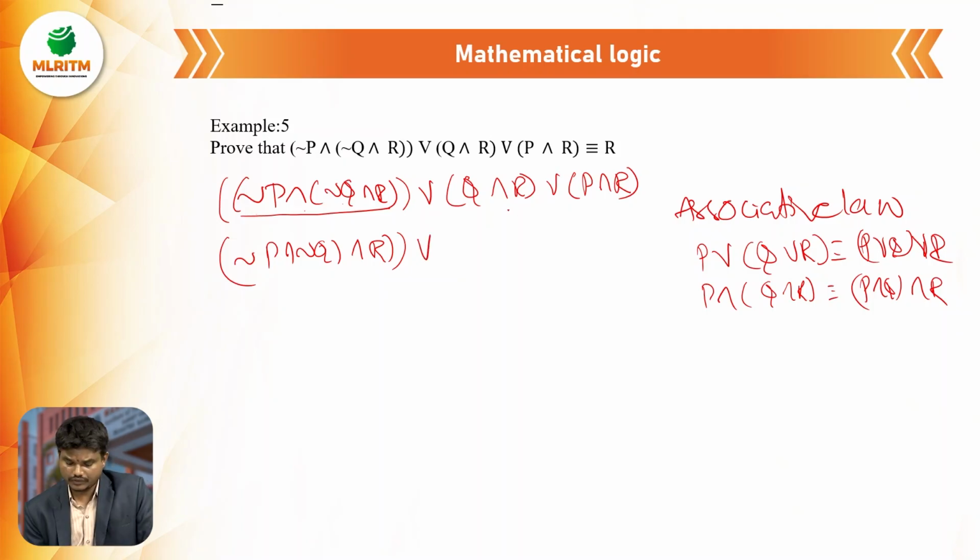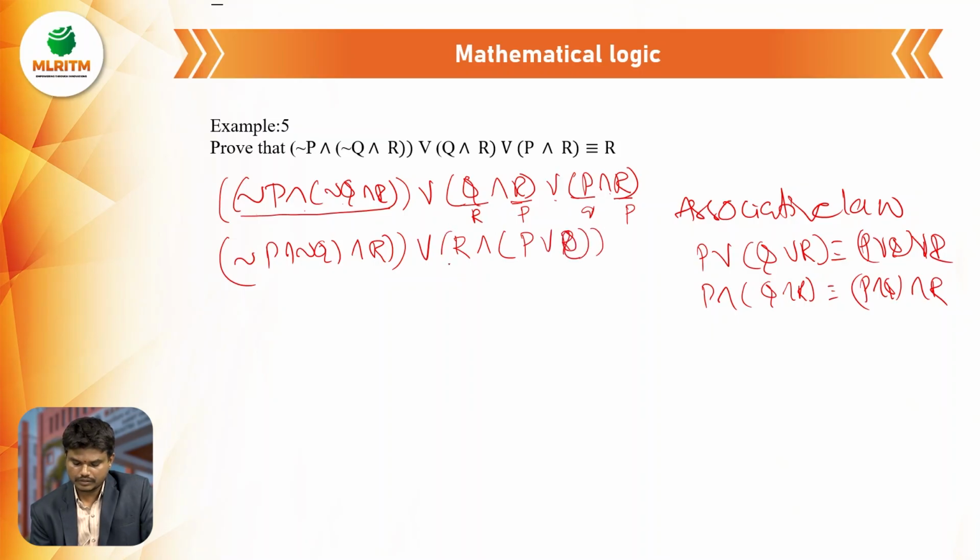Here we observe that (Q ∧ R) and (P ∧ R): R is common, so we can take P and Q as P and Q, and apply the distributive law. So here, R ∧ (P ∨ Q).